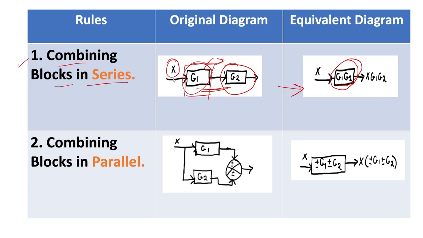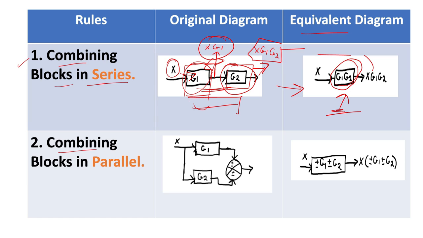If X is your input, then after going through this block, the output here would be XG1, and then this XG1 will enter the second block, and now the output will be XG1 into G2. So as you can see, these two are the same. So we can say when two blocks are connected in series, then its equivalent diagram would be their product.